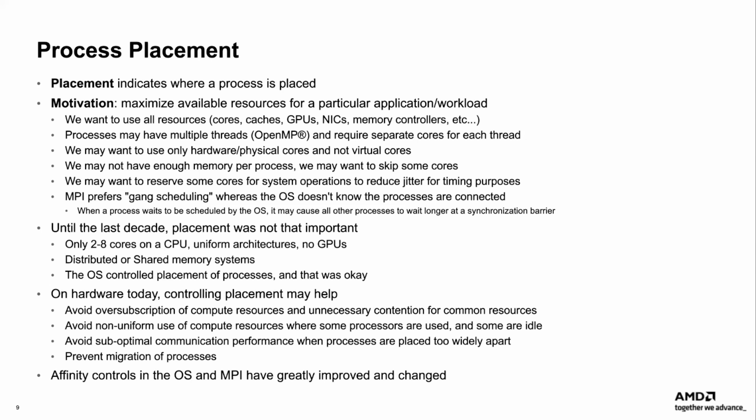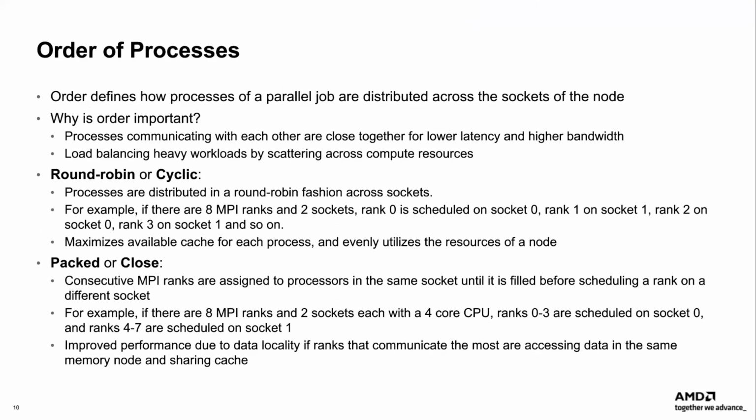We want to make sure that all the resources are used uniformly. We want to avoid suboptimal communication performance when processes communicating frequently are placed far apart. And we also want to prevent unnecessary migration of processes by the OS. And what is good for us is that the affinity controls in the operating system and MPI have greatly improved and changed.